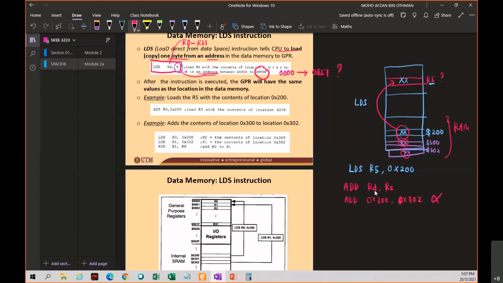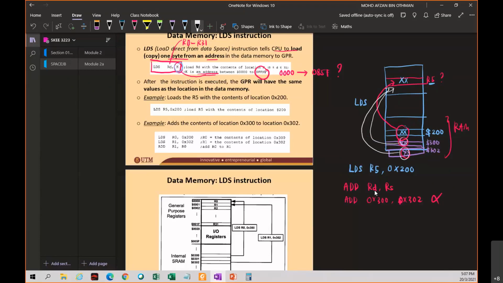So how to do that? Macam mana kita nak buat? What you are going to do is, you need to load dulu lah. Ambil yang ni, masukkan dalam kamu punya GPR. And then ambil this value from address 302, masukkan dalam GPR. And then after that, barulah kita boleh tambah.